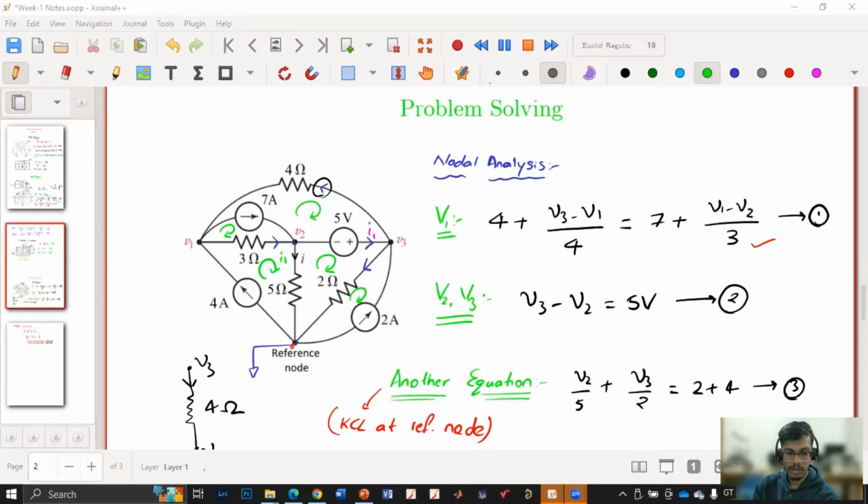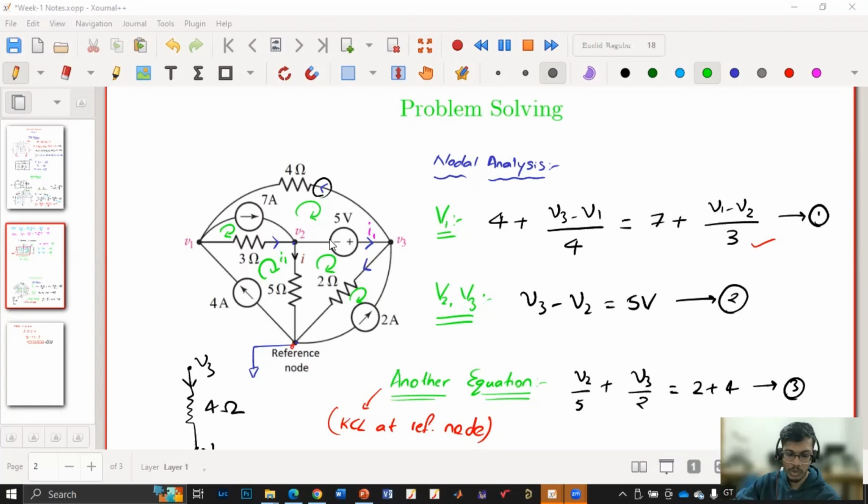Sir, current direction in the resistor is not affecting it at all. So I think a shortcut for nodal should be good. Yes. What are the restrictions? There is this exceptional case when there is a direct voltage source connected between 2 nodes, then you cannot directly apply KCL because we do not know the current.